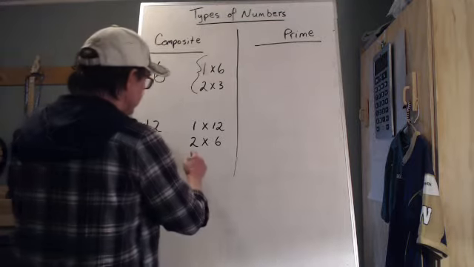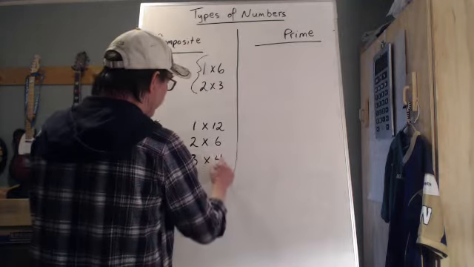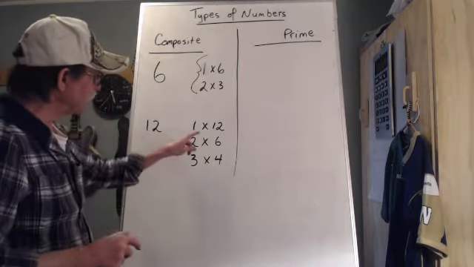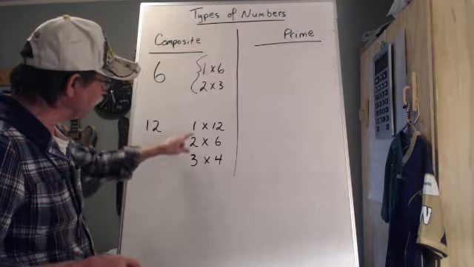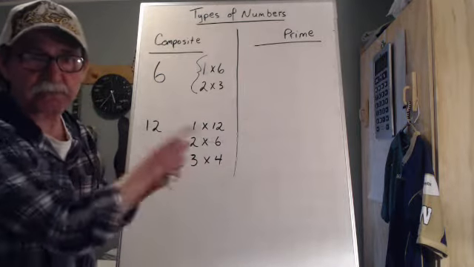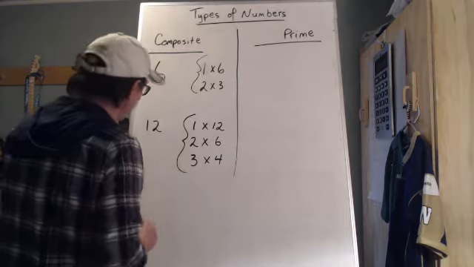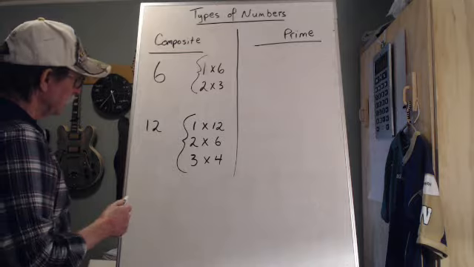And another way yet is 3 times 4. And also, not just that way, but we could go 12 times 1, 6 times 2. We can flip the order. Okay, so I'll give you one more example.